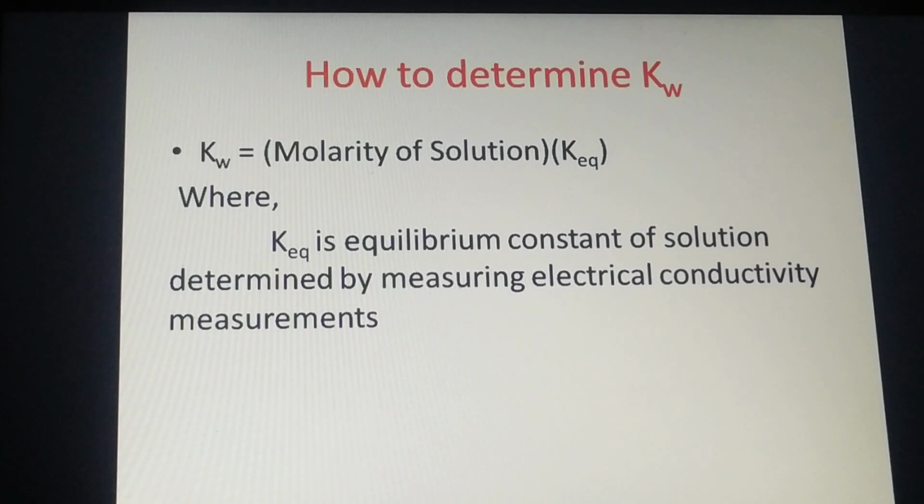Kw or the ionic product can be written as molarity of a solution into K equilibrium, where K equilibrium is the equilibrium constant of a solution, which is determined by measuring electrical conductivity.